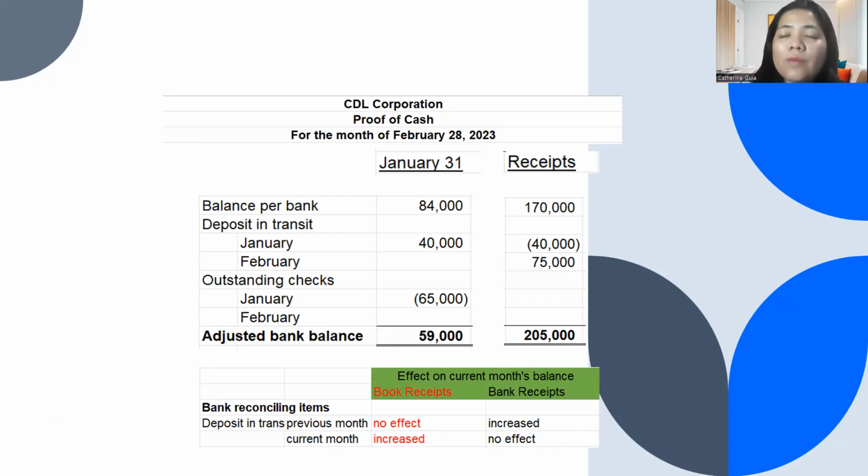The result is that it overstates the bank receipts in relation to the correct receipts, and therefore we need to deduct the previous month's DIT. How about the current month? The book receipts for the current month have increased because of this DIT, but do not affect yet the bank receipts. Therefore, our bank receipts are understated, and we need to add the current month's deposit in transit.